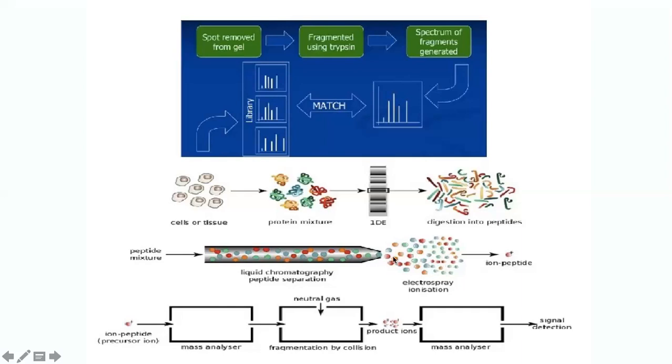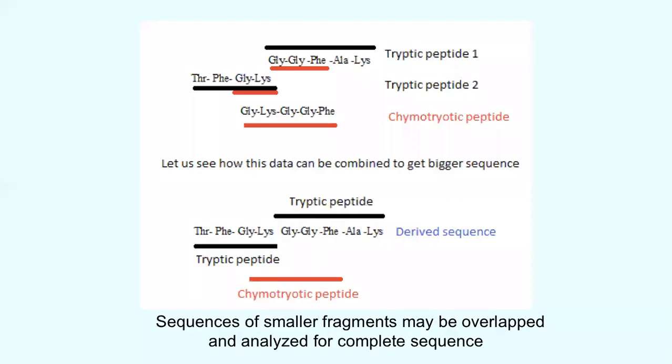And once it is done, you can couple it with mass spectrometry, where the ionized peptide ions can be fed into the mass analyzer, where the mass to charge ratio will be taken into consideration, and finally you will get your spectrum. And by comparing the spectrum that we have got with the library of spectrums of standard molecules, we can deduce the amino acids that were present in our protein.